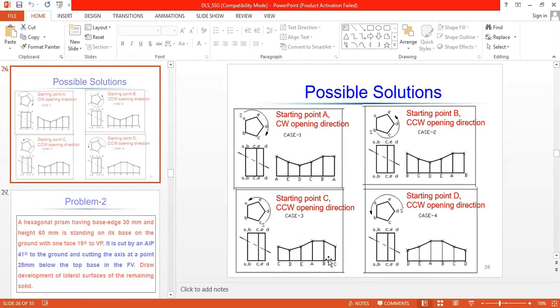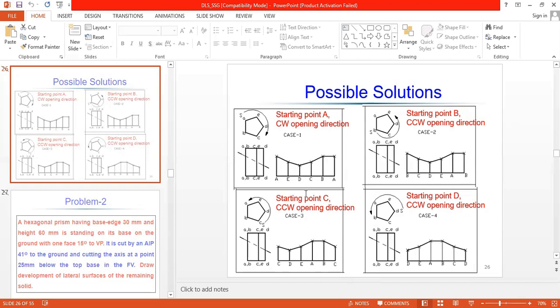We can observe that a different shape will come when the starting point of the development is changed. So you can see different possible solutions of the same problem.